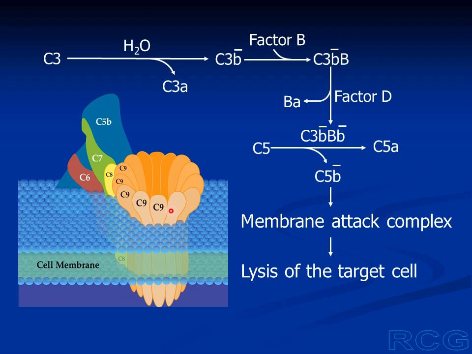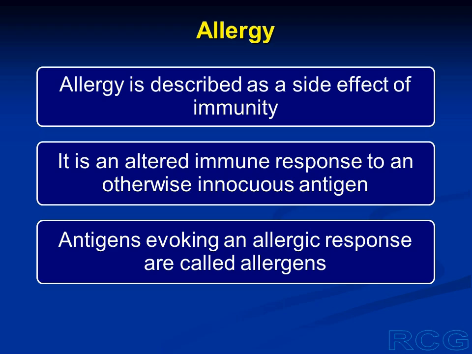These are the C9 molecules which are attracted, which are inserted in the cell membrane and which are polymerized to form this transmembrane tubular structure through which the contents of the cell leak out and the target cell is destroyed. So these three complement pathways help in the destruction of the foreign cells, which are normally bacterial cells.